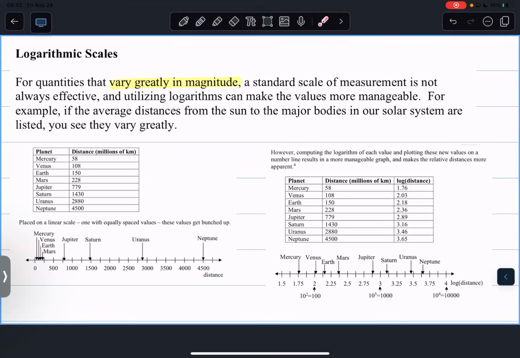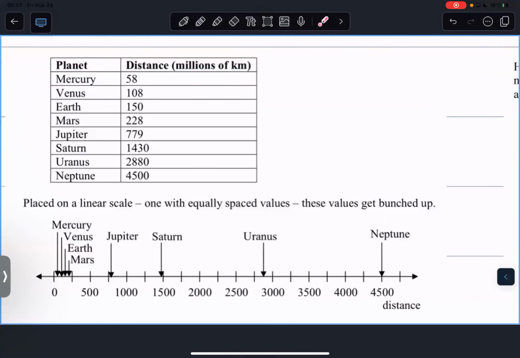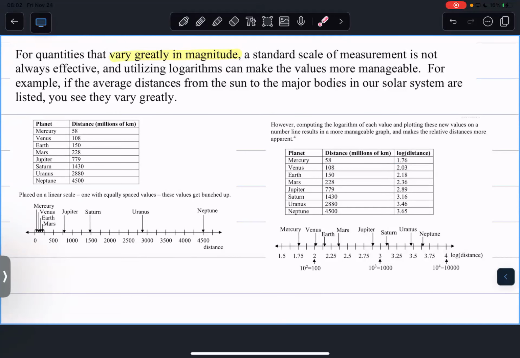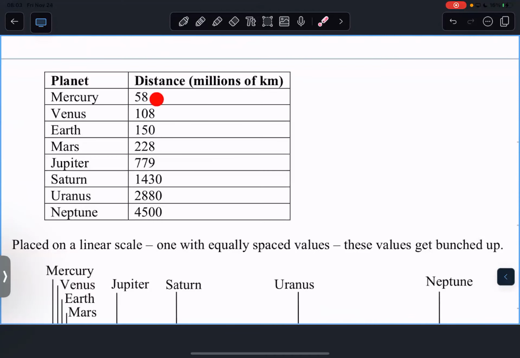For example, if we talk about the distances from the sun to the major bodies in our solar system. So if we're talking about something like 58 to 4,500, there's a huge difference in those values, right? And so that's one of the problems that taking the log is going to solve.